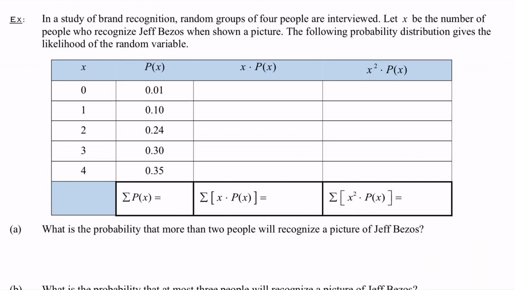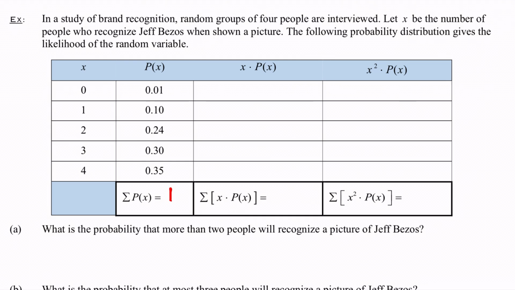And probability that 2 of them recognize him is 0.24, and so on. So that's how we can interpret the values here in the table. And of course we know that in order for this to be a proper distribution, the sum of all the probabilities has to equal 1. So we can just quickly verify that. And yes, here it is in fact 1.